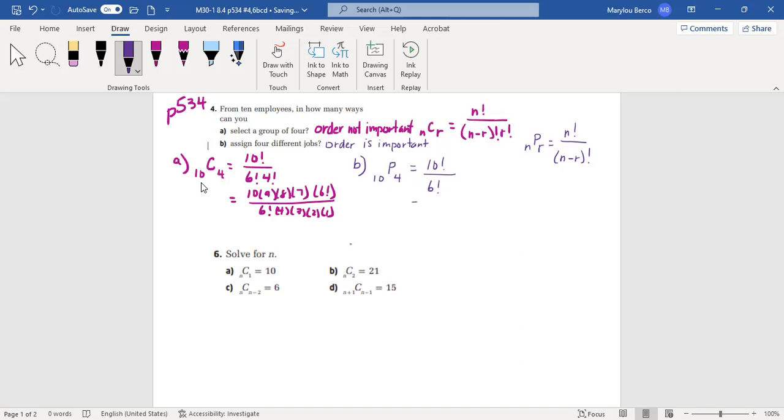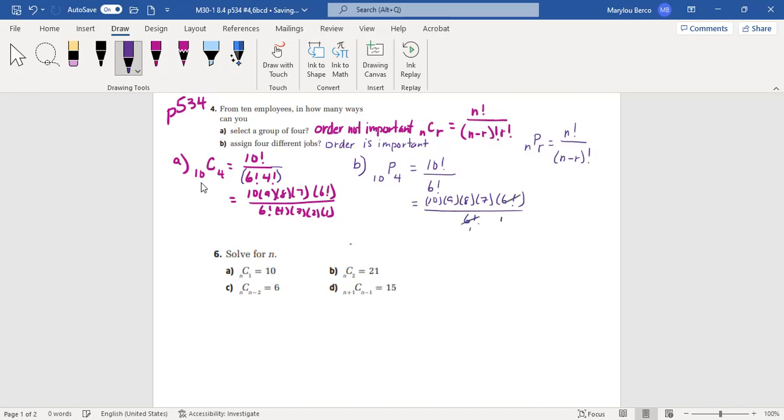When we simplify, you can just put this in the graphing calculator. If you calculate it arithmetically, I would suggest you make sure you put these in brackets. Don't forget to do that. So we have 10 times 9 times 8 times 7 times 6 factorial all over 6 factorial.